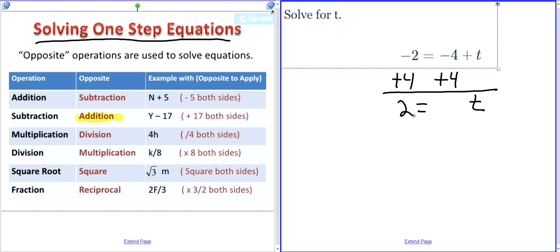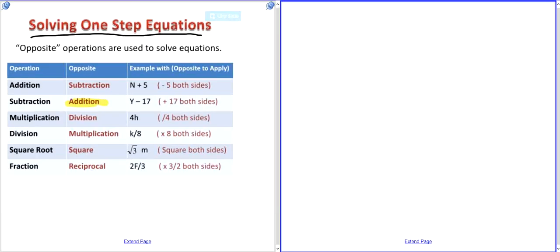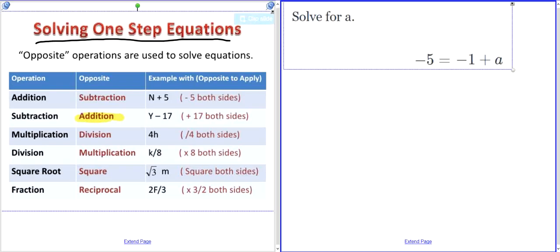Alright, let's take a look at another example. Now, this could be written as negative 5 is equal to a minus 1. That's the same thing.